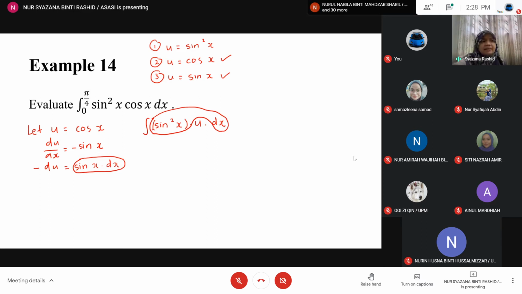In this case, hati-hati, nampak macam sama, but this is power 2 and this one is without power 2. Okay, this is the first substitution, the second substitution. Now let's try number 3.